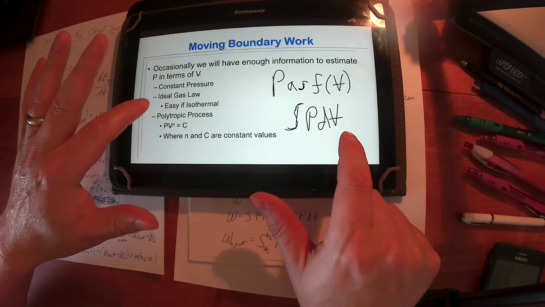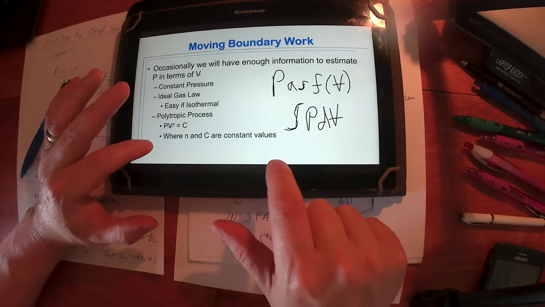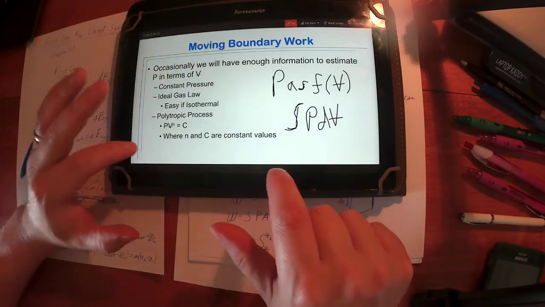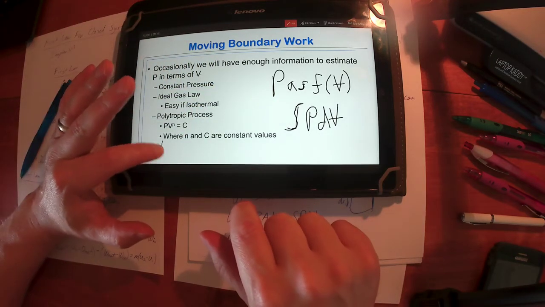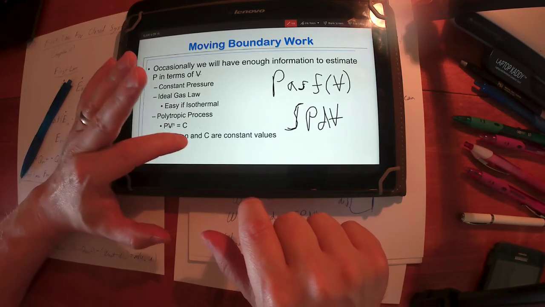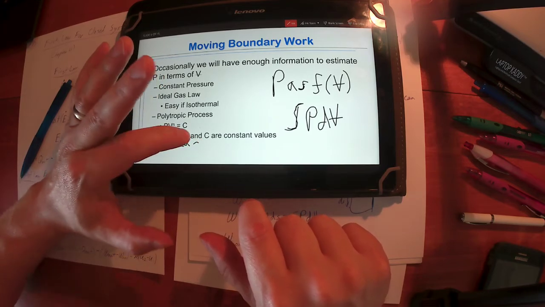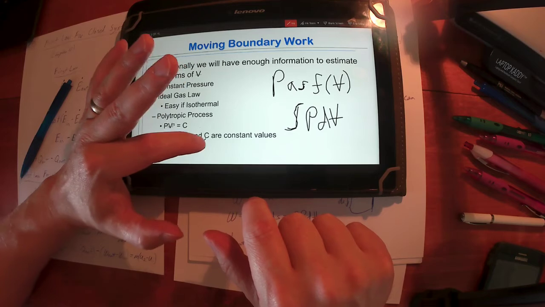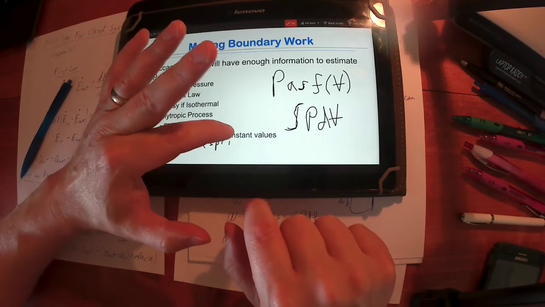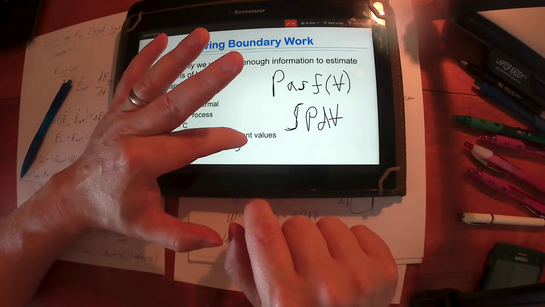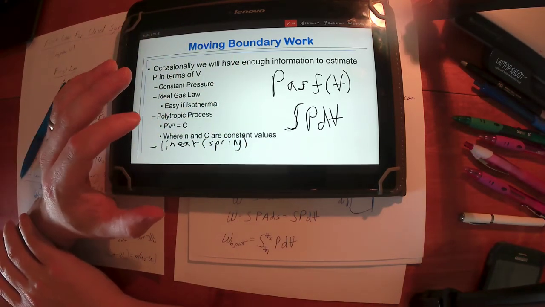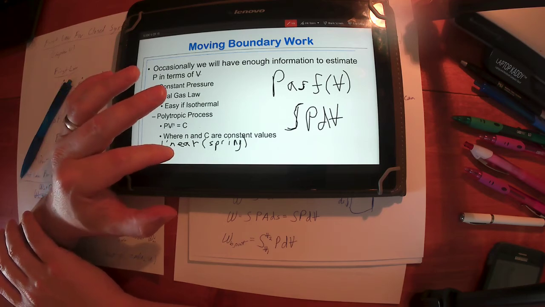All right, so these are the main problems you'll see. It's either constant pressure or polytropic. Another one we'll see could also be linear, which occurs a lot of times with a spring. If the piston has a spring attached to it, that spring provides a linearly varying force as the system expands or compresses.